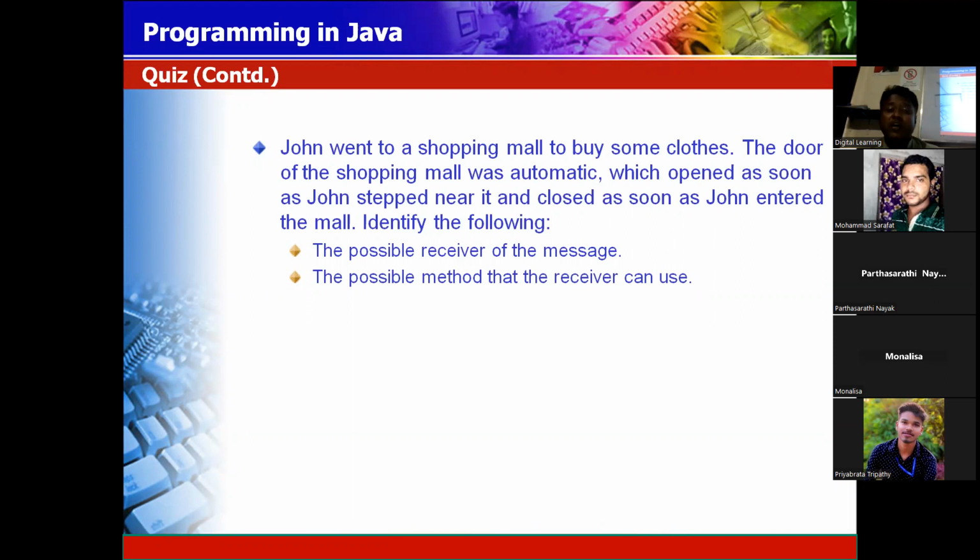Who will receive this message? The possible method the receiver can use. Where is the sensor? Which one received the message? The door received the message.